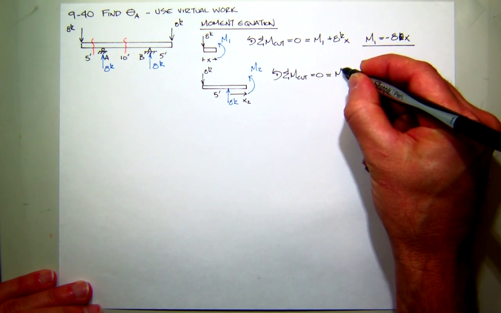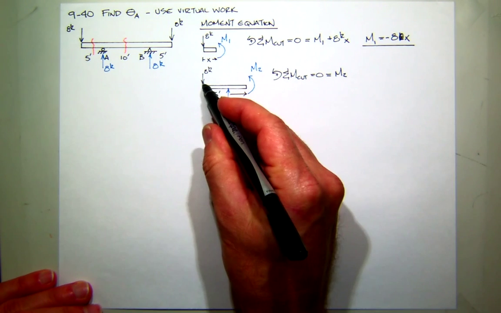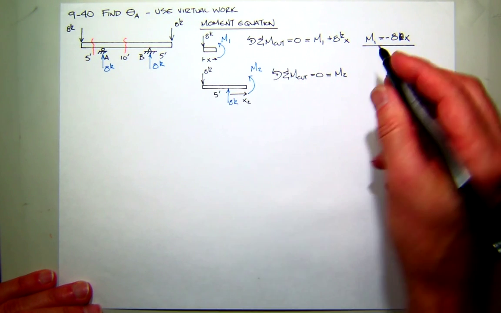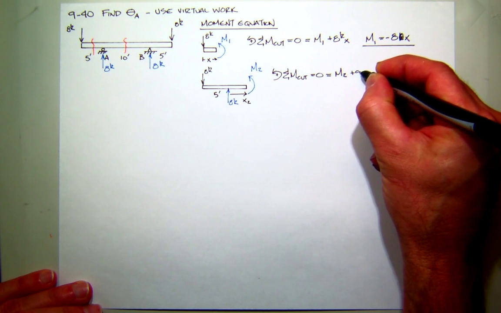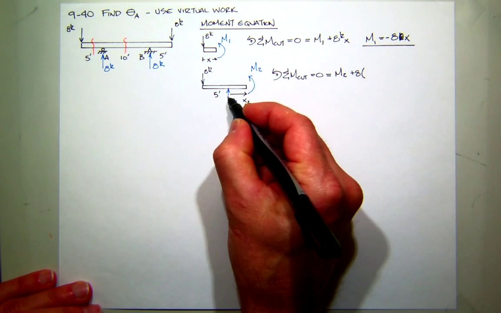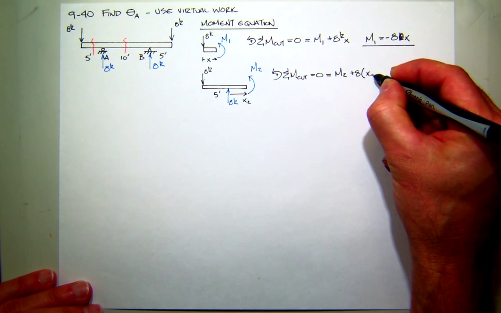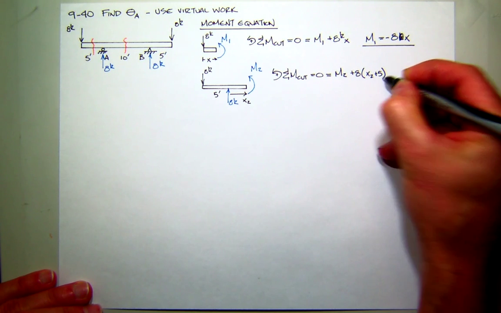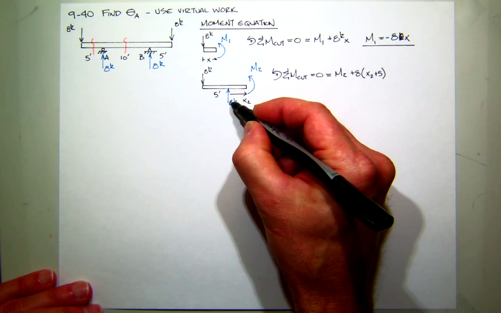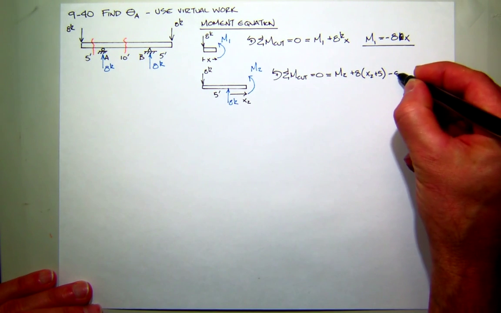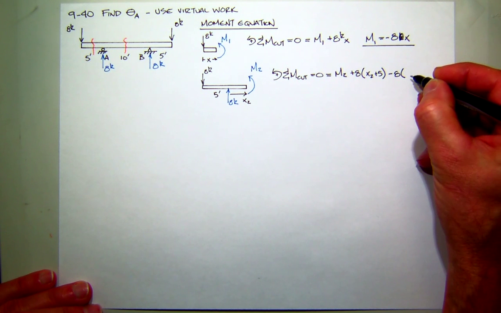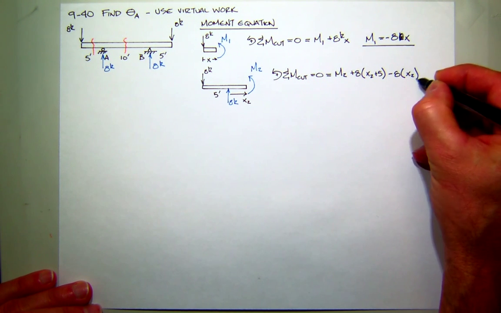So I have the moment at 2. This 8 kip moment is also positive, and it has a distance of x2 plus 5. And then I have a negative moment created by my reaction 8 kips, and it has a moment arm of x2.